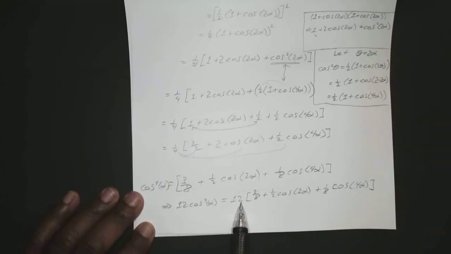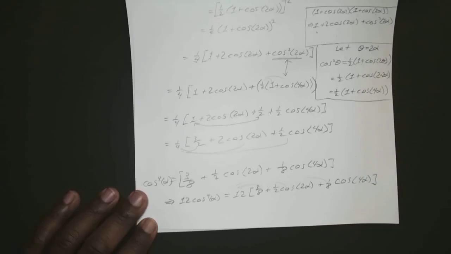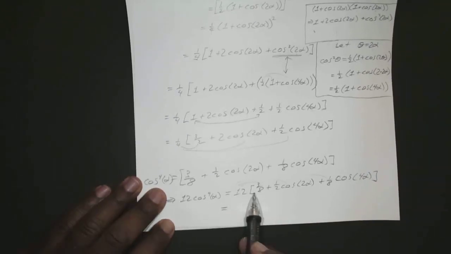Okay, so if we go ahead and distribute our 12, we end up with 12 over 8, which you can reduce to 4 times 3.